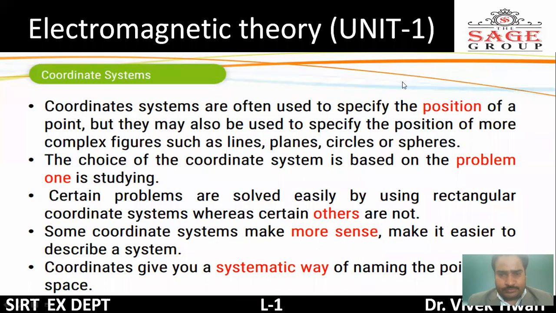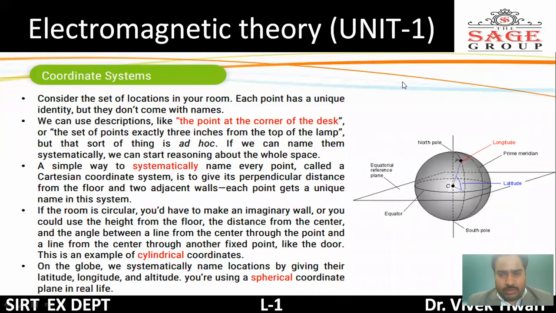So first of all, we can see here cylindrical and spherical. Three types of coordinate system we have actually. Suppose on Earth we have to find any location and its exact distance and angle from reference lines and reference planes.